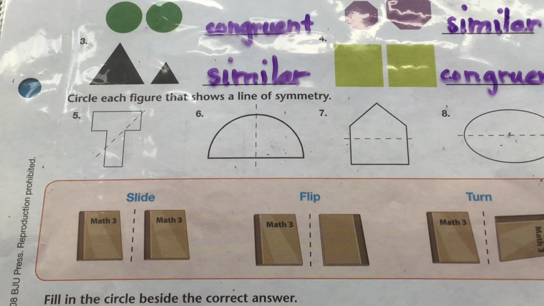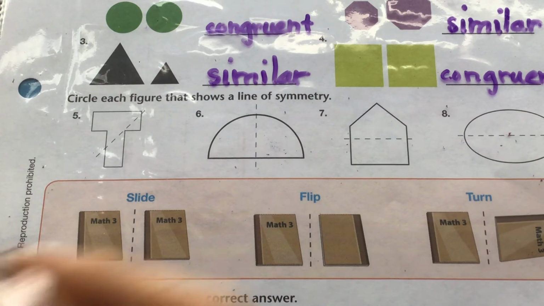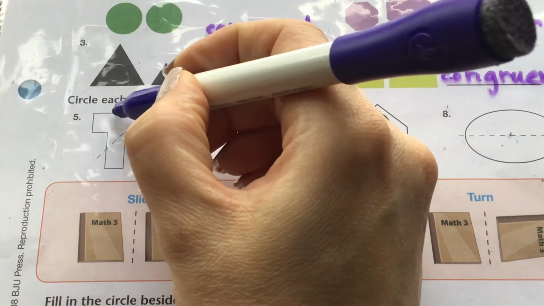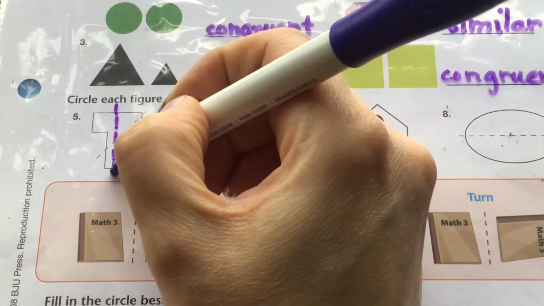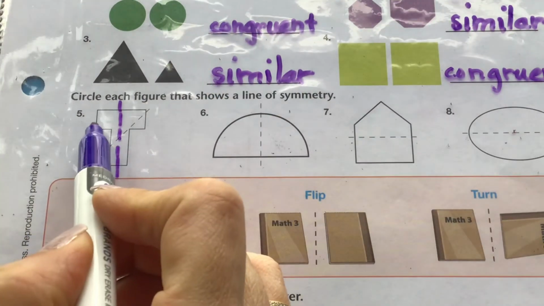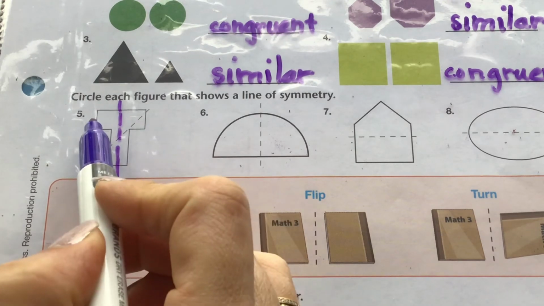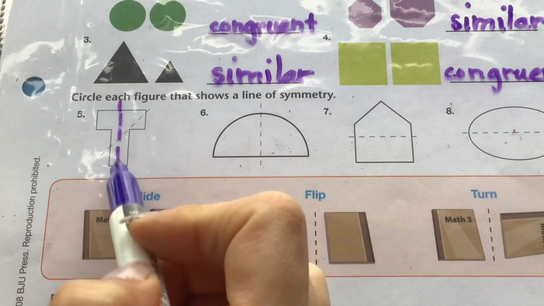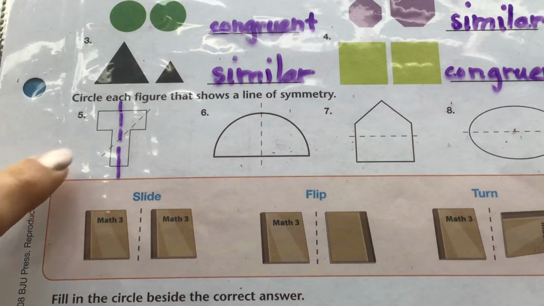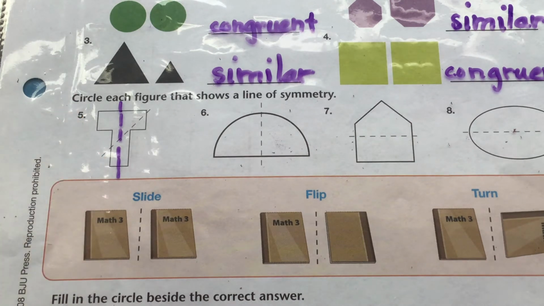It won't, will it? Now, the letter T does have a line of symmetry, but the line of symmetry would actually go right down the middle. And if I folded this side over or this side over, these side lines would match. So this one we're not going to circle because the diagonal line they drew is not a line of symmetry.